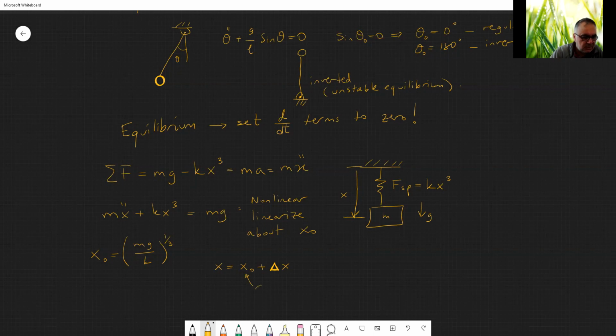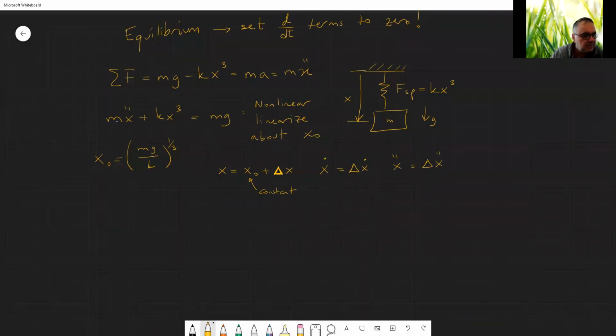This is a constant term. Its time derivative, since x0 is constant, is simply delta x dot. And x double dot would be delta x double dot. So in the nonlinear equations, this x0 term drops in your derivatives.